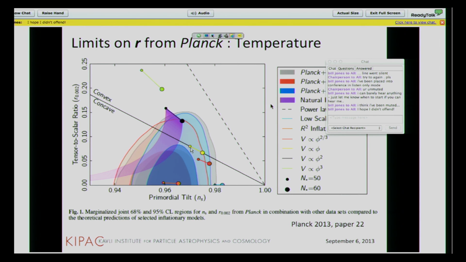The conference has been muted. The conference has been muted. The conference has been muted.